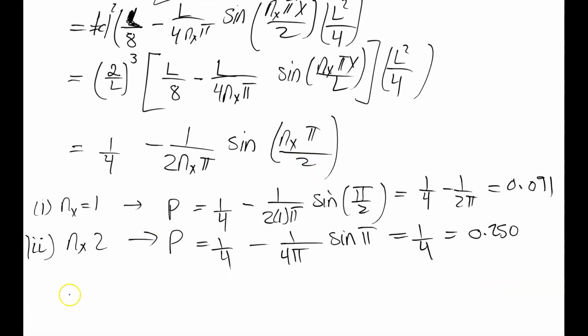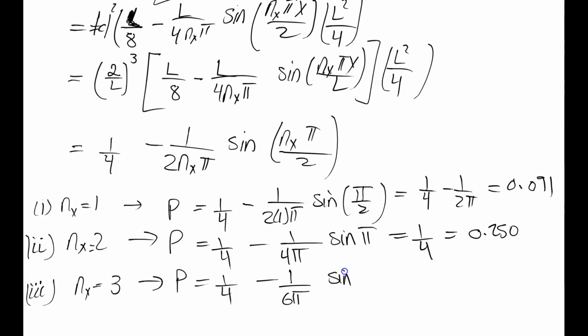And lastly, for case number 3, we're given that n_x equals 3, which means P equals 1/4 minus 1 over 6 pi sine of 3 pi over 2, which is 1/4 plus 1 over 6 pi, because the sine of 3 pi over 2 is minus 1, which will give us 0.303.